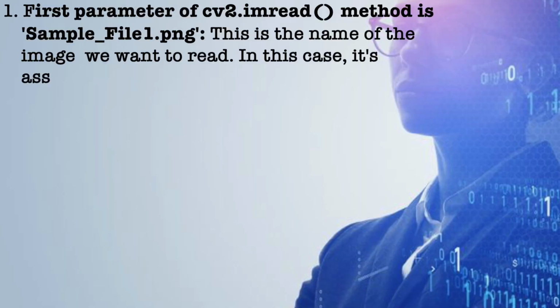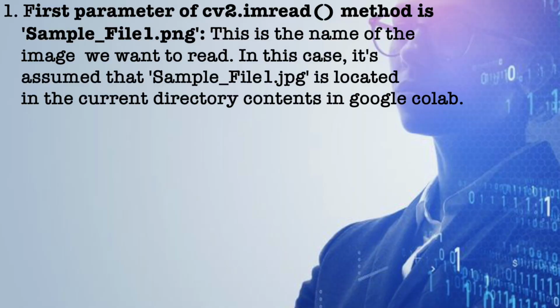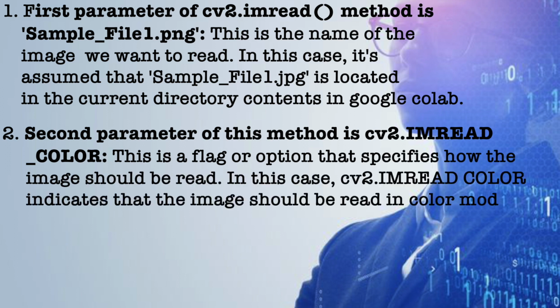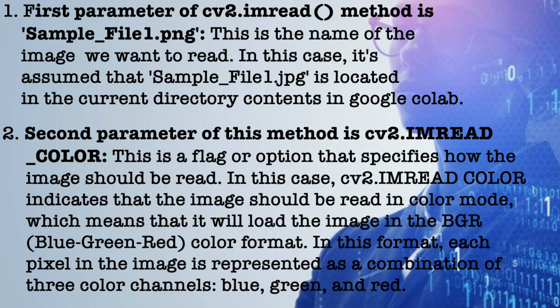The first parameter of the cv2.imread method is the file name, that is sample_file1.jpg. This is the name of the image we want to read. In this case, it is assumed that sample_file1.jpeg is located in the current directory contents in Google Colab. The second parameter of cv2.imread is cv2.IMREAD_COLOR.